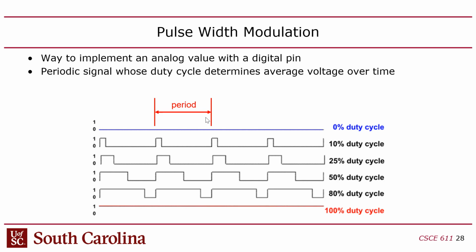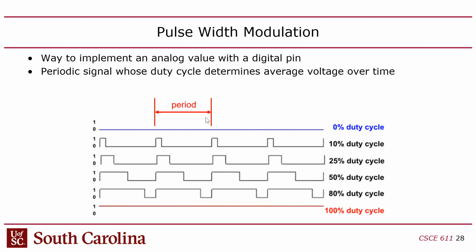Okay? All right, so last time we talked about pulse width modulation. Pretty simple idea. It's basically a periodic clock signal, and it has a certain frequency, and the frequency is the reciprocal of the time from rising edge to rising edge, which is the period, right? And then the duty cycle is the percentage of that period that the signal is active, high, right?